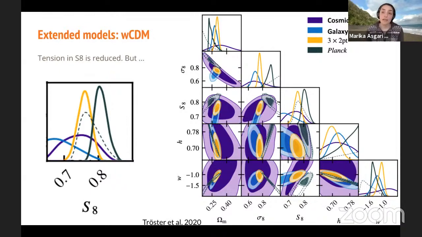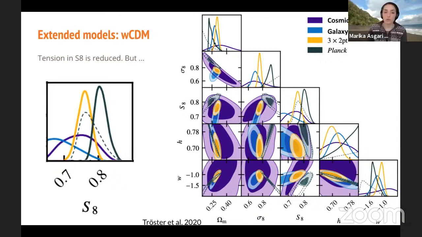So let's look at other models to see if we can alleviate the tension. And this is what we did in the extended cosmology paper. We looked at a number of extensions, but none of them managed to reduce this S8 tension by very much, aside from the wCDM model.